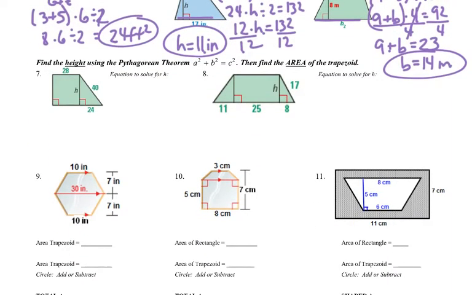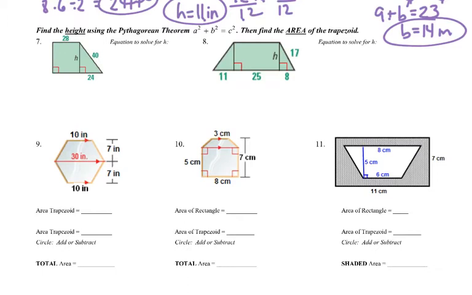Now these last ones get a little bit tougher, okay? Here the height is missing, right? We don't know it, and so we need an equation to solve for h. Do you remember what kind of formula we use for right triangles? Yep. Good old Pythagorean theorem.